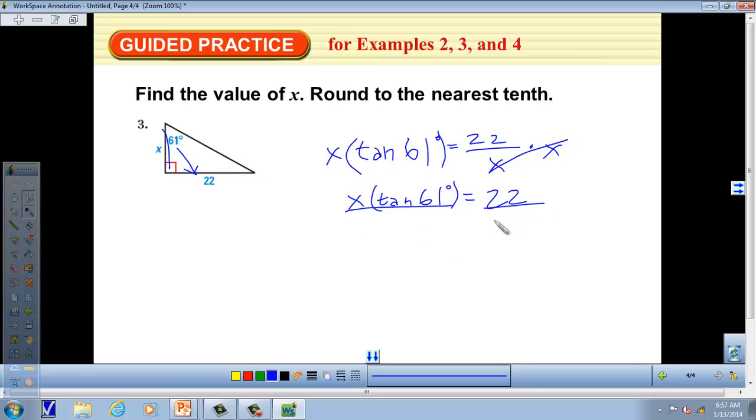Dividing both sides by tangent 61 degrees, those cancel, and x is approximately 22 divided by tangent 61, which is about 12.2.